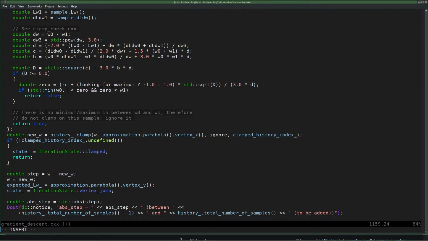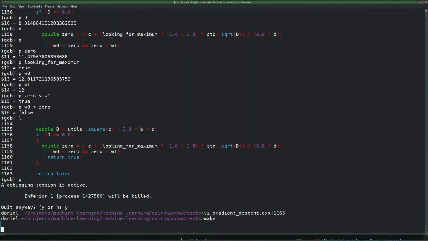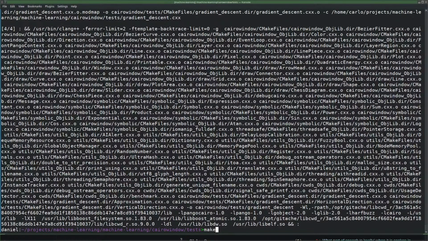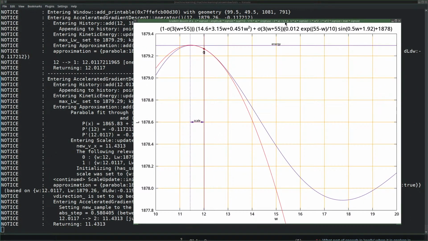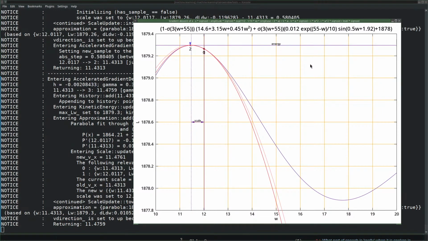Deliberately the slowest way. No, it seems to work. It ignored it.